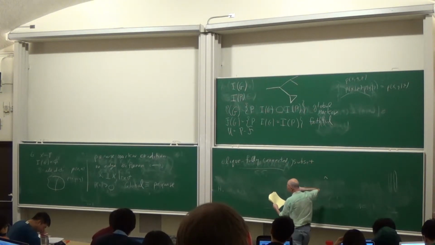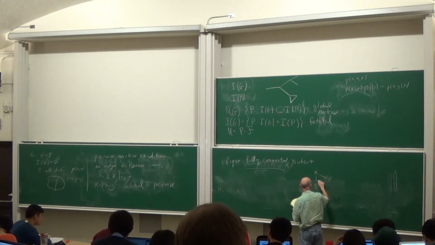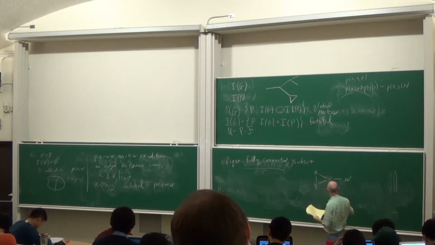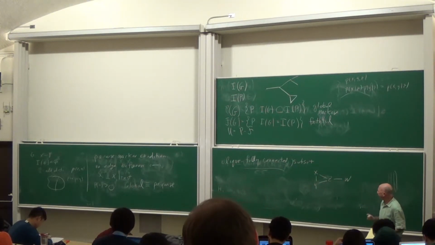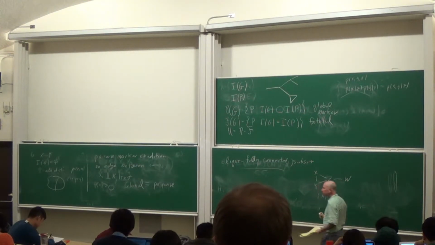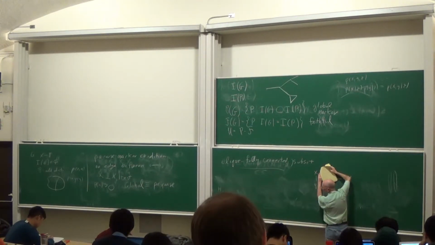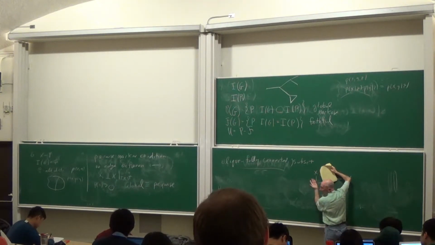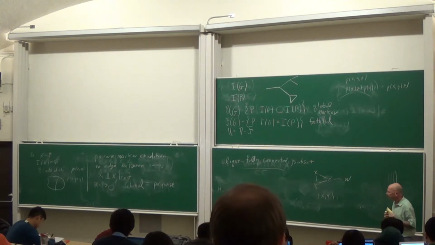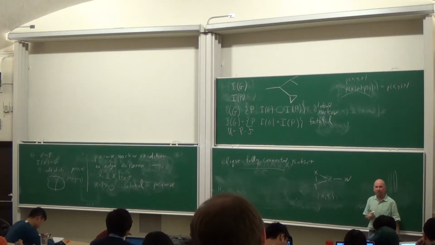So let me draw X, Y, Z, W. Is X, Y a clique? Yes, because if I just think of two variables X, Y, the graph is just an edge between them. Is XW a clique?